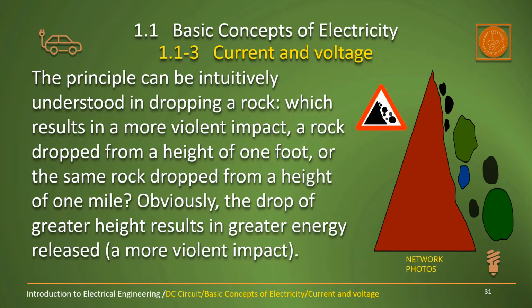A rock dropped from a height of 1 foot, or the same rock dropped from a height of 1 mile. Like this is 1 foot high, this is 1 mile high. Obviously, the drop of the greater height results in greater energy released, a more violent impact.